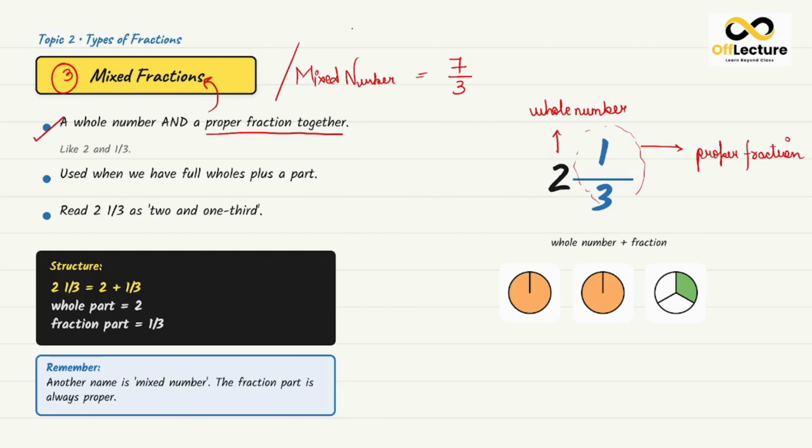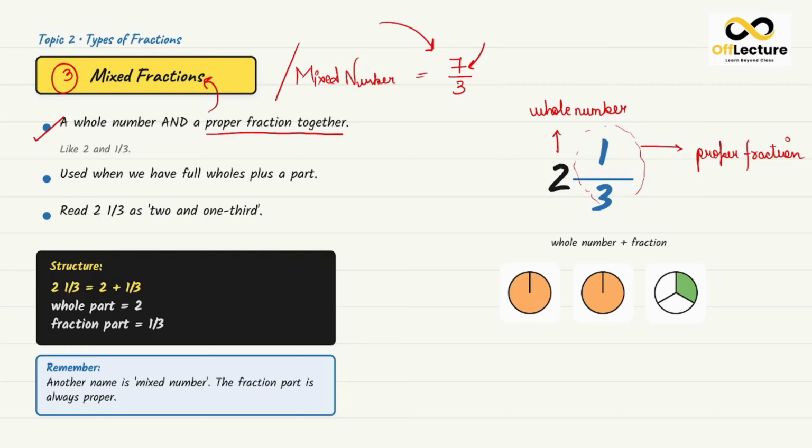When we discussed improper fractions, we saw numbers like 7 by 3. It is difficult to understand how we should interpret 7 by 3. So the savior is the mixed fraction.